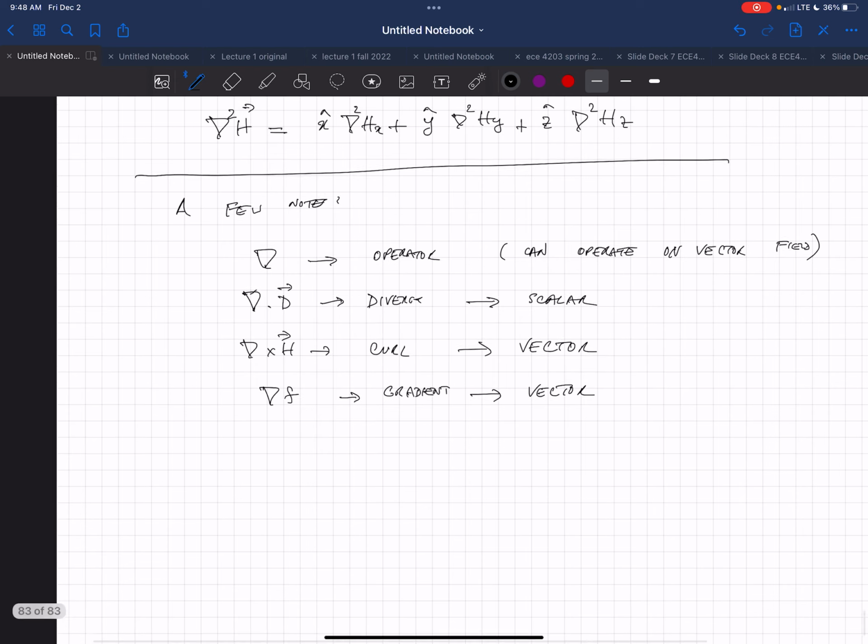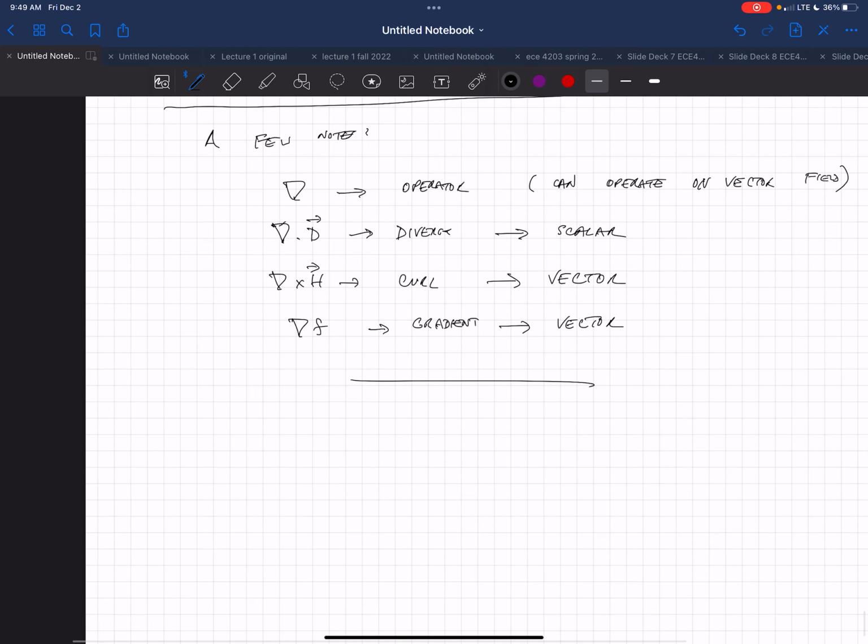Okay? So if I look at it, the dot product of a gradient of a function with the gradient of another function, that's a legitimate operation because we've got a dot product between two vectors.